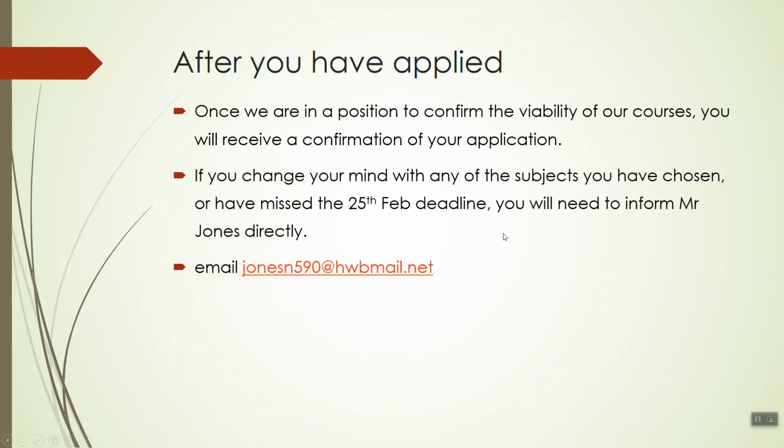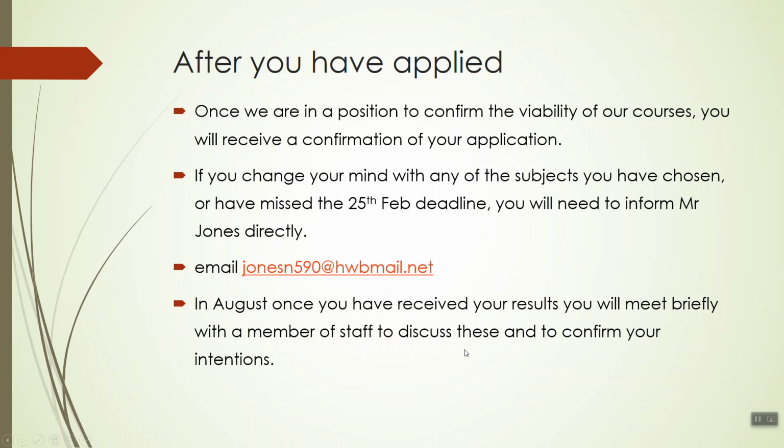Of course, there are opportunities if you've changed your mind or following your results in August, then that is certainly a possibility that you can make changes to your application. Or if you miss the 25th of February deadline when the online form is switched off, then all you need to do is to email me directly and I will record those changes.